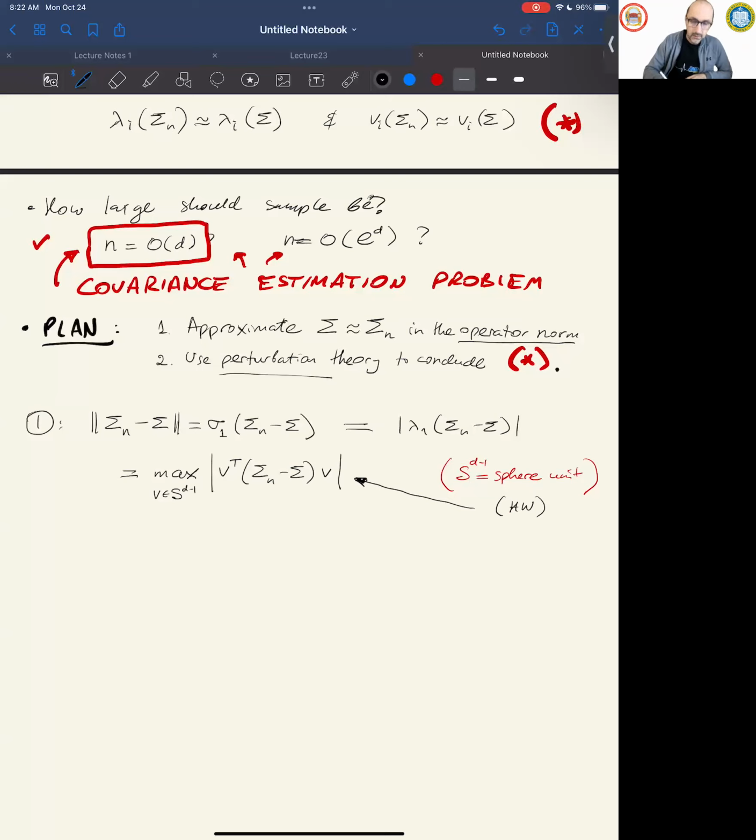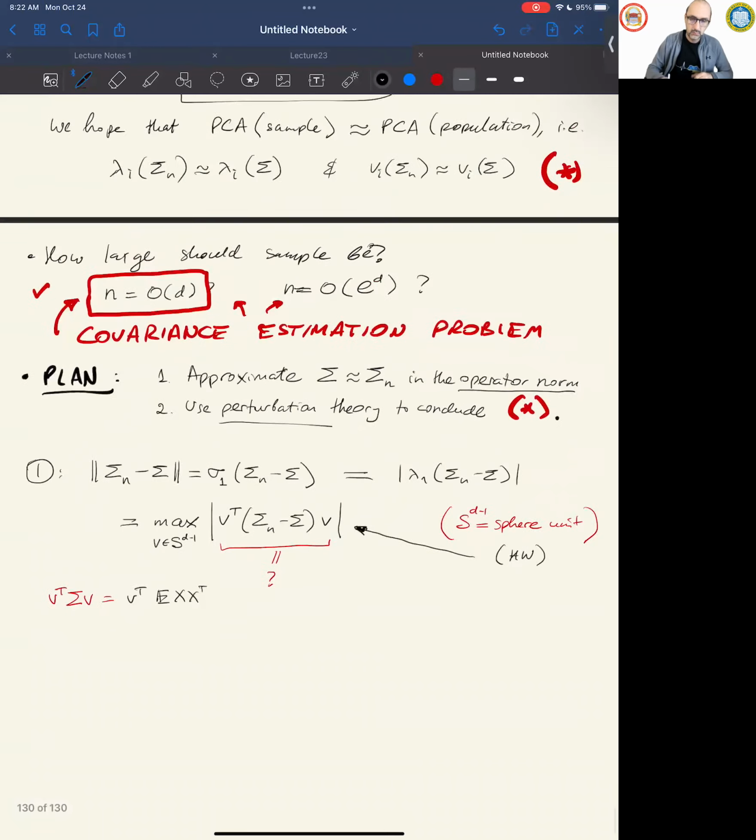Perfect. What is this? Let's see. That'll be fun. V transpose sigma n minus sigma v. What is this? V transpose sigma v. What's sigma? Sigma is the expected value of x x transpose, times v. Let's compute. Expected value is linear, so I'm taking it out.